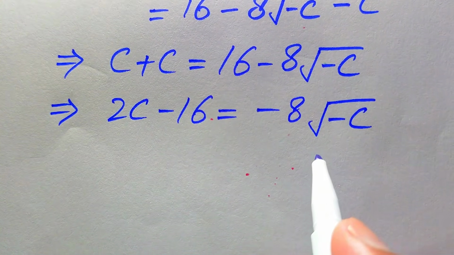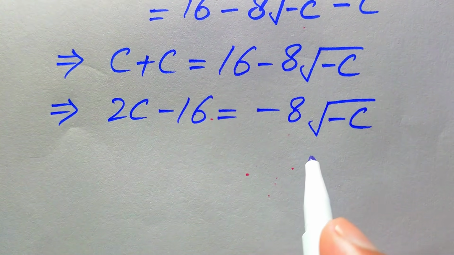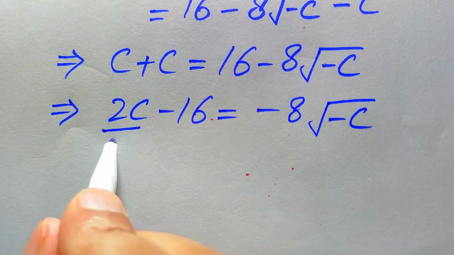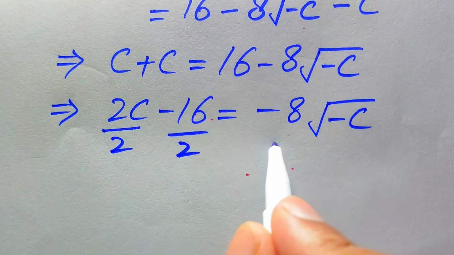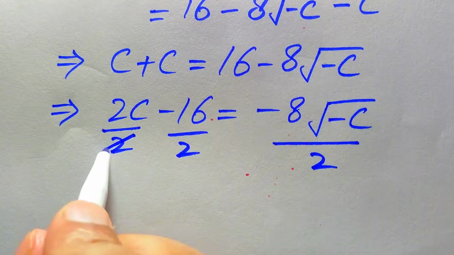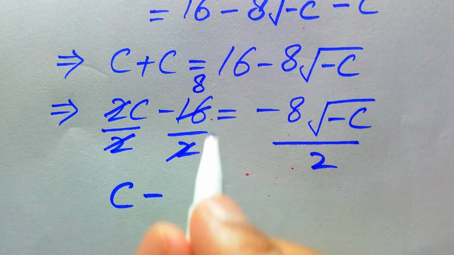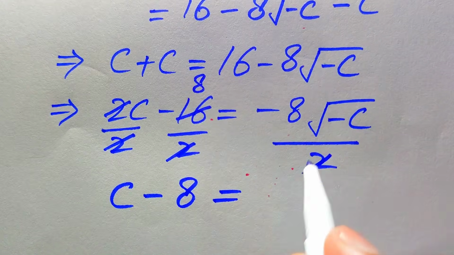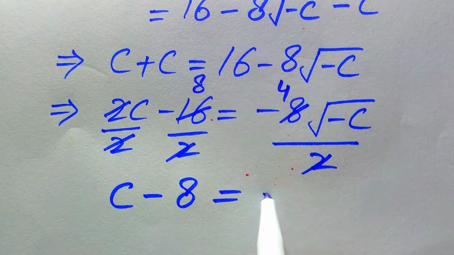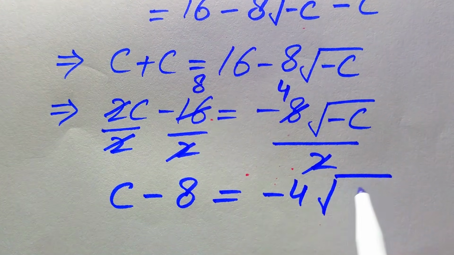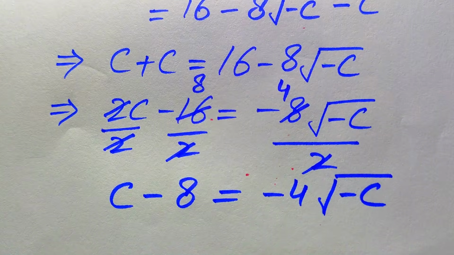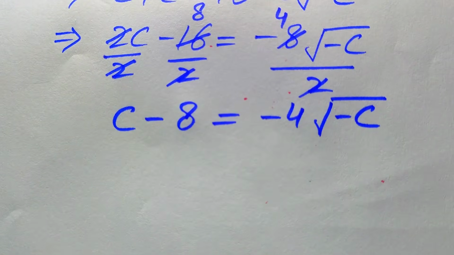You see that each of these terms is divisible by 2, so we divide each term by 2, and we get c minus 8 is equal to minus 4 times square root of minus c.